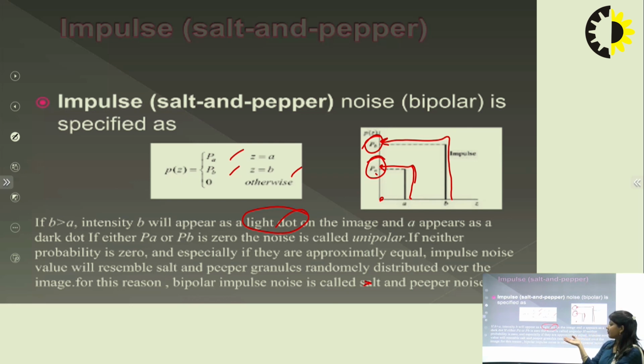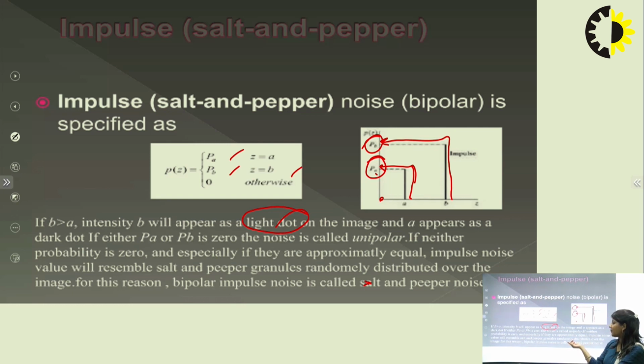If neither probability is 0, and especially if they are approximately equal, if PA and PB are equal, then the impulse noise will resemble salt and pepper granules randomly. Means there will be light dots, and in equal manner there will be dark dots. They are distributed over the image.